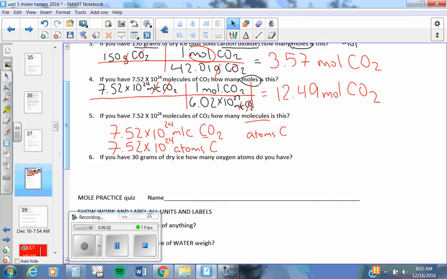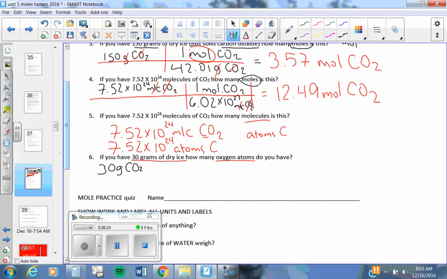The next question, we're going to go into a little more detail with this. So we're going to start with 30 grams of dry ice. We know that dry ice is CO2, starting with 30 grams. And we want to know how many oxygen atoms we have.